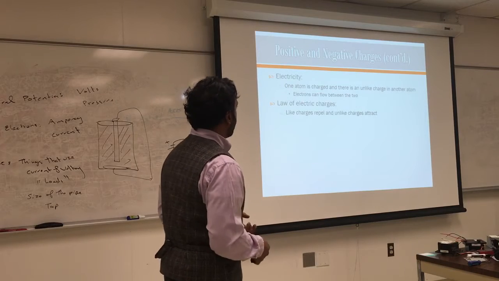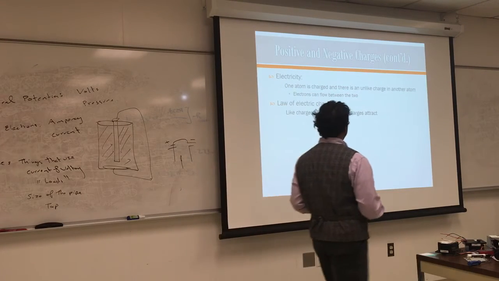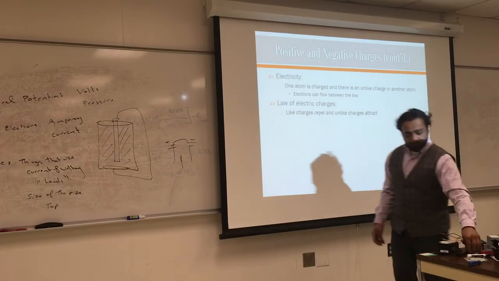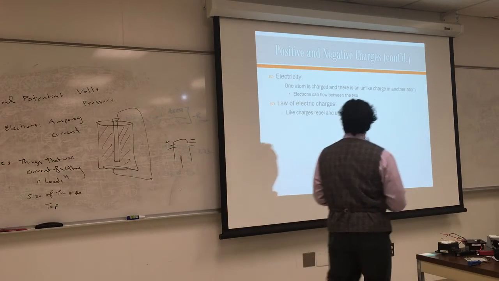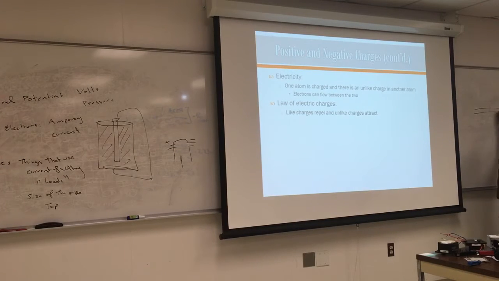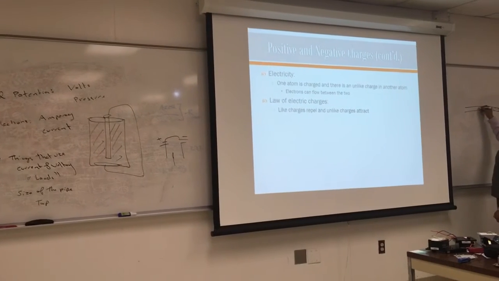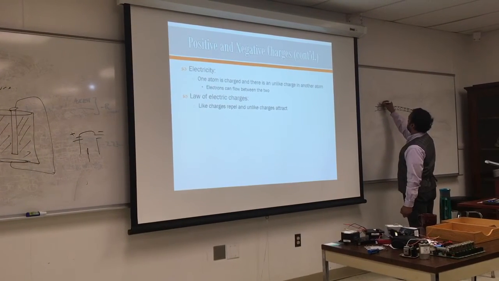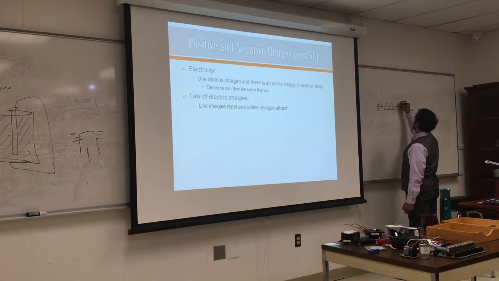So electricity: one atom is charged, and there is an electric charge in the other atom, and the charge keeps moving from one place to another. So if we have a wire here, imagine there are small little atoms of copper, and each one of them has a negative charge spinning around it, and so on.